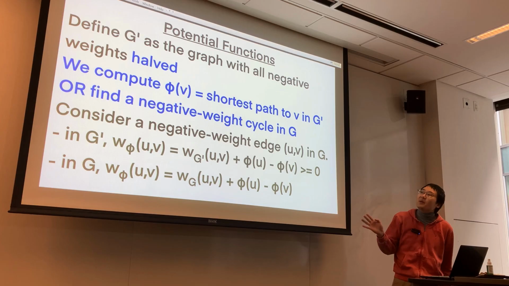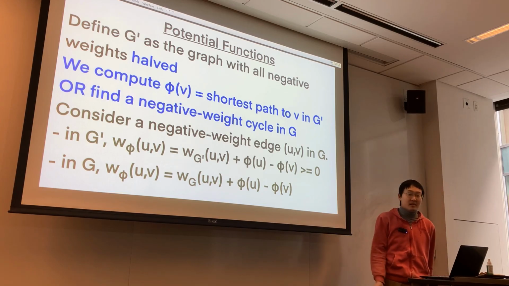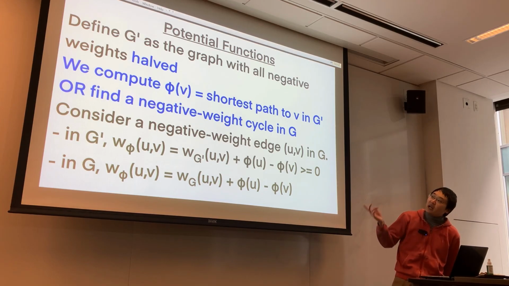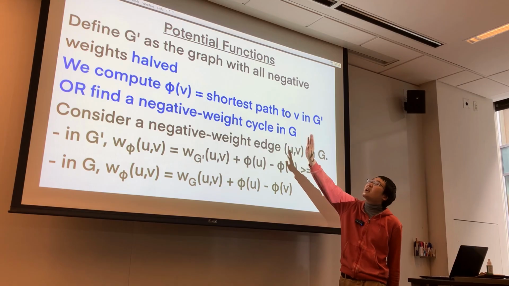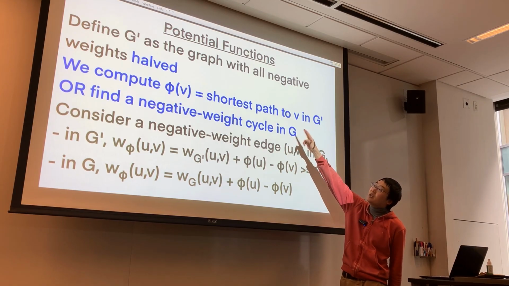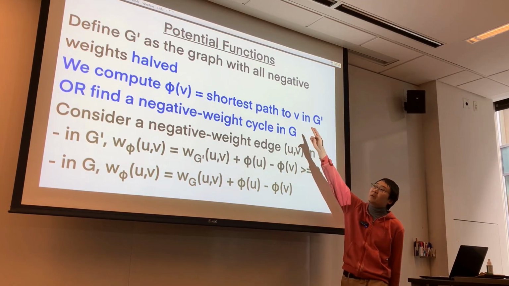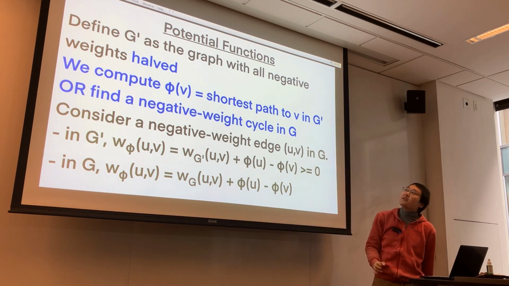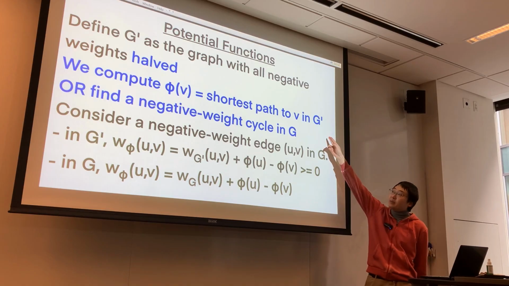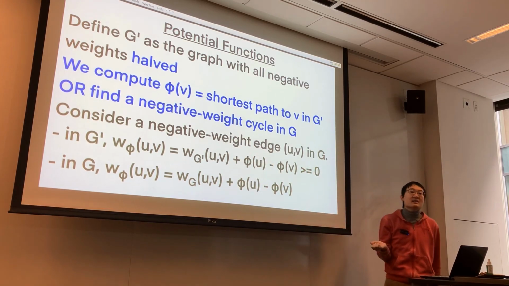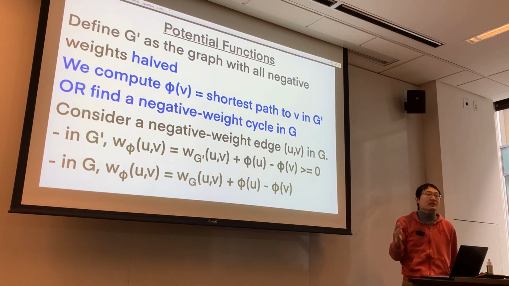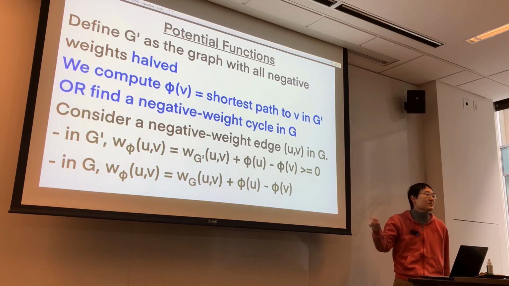The claim is that somehow this makes the task easier in the following sense. The goal now is to either compute the correct negative single-source shortest paths to each vertex in G prime, the reweighted graph, or, if you give up, you're allowed to give up and return a negative weight cycle in G. One thing I did not talk about so far is that if there's a negative weight cycle in the graph, then distances are infinite, because you can just traverse the cycle infinitely many times.